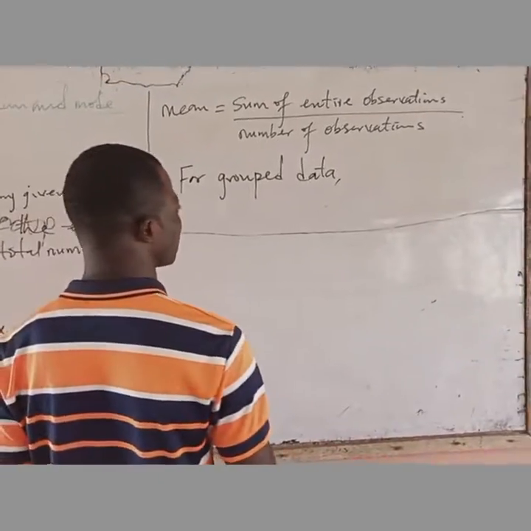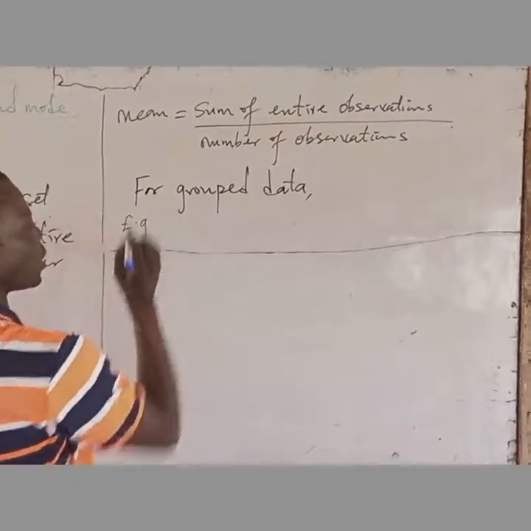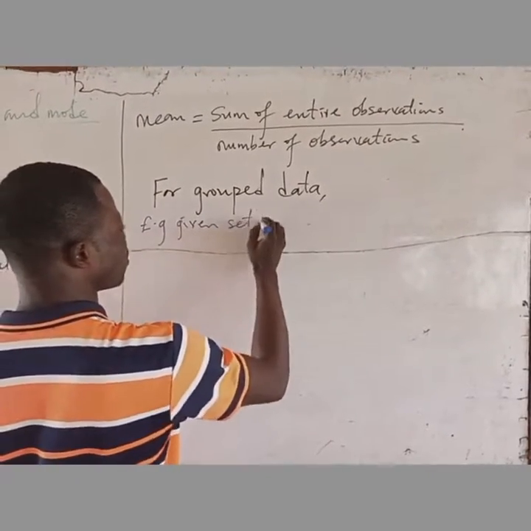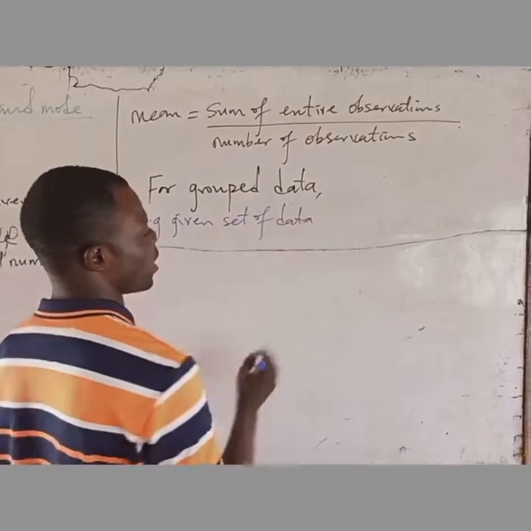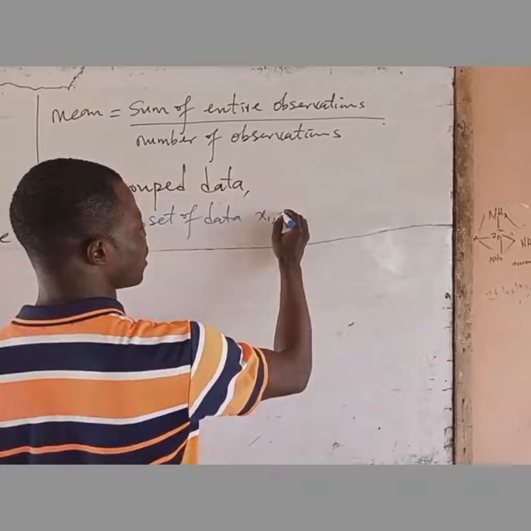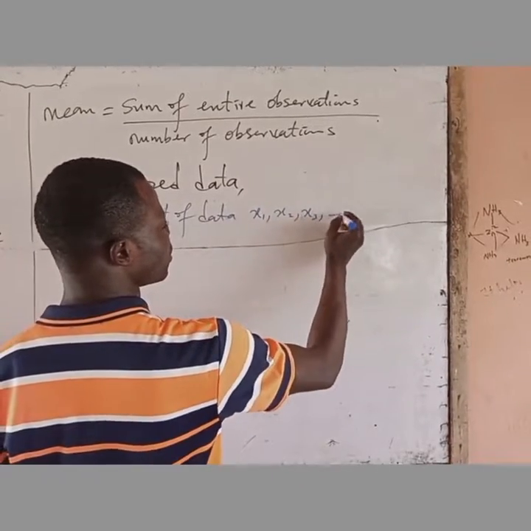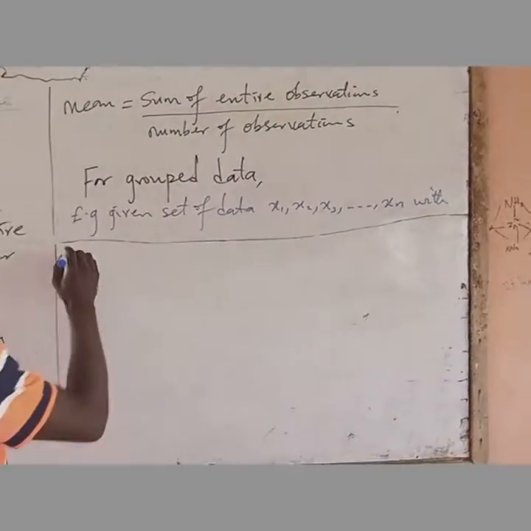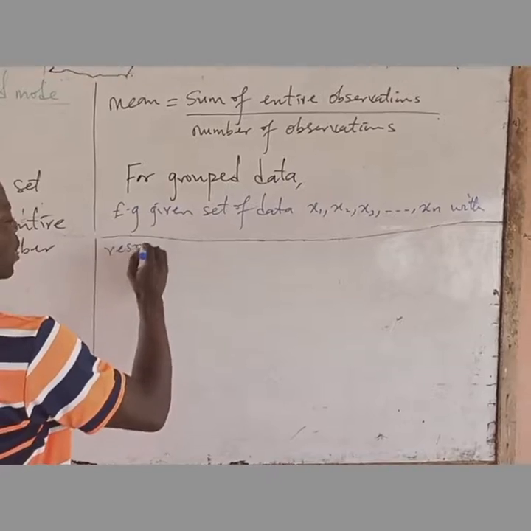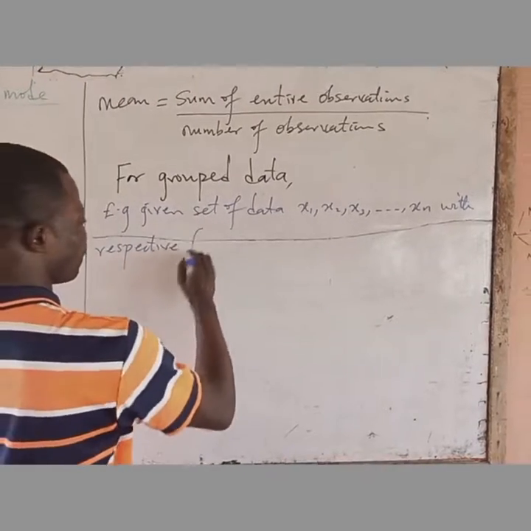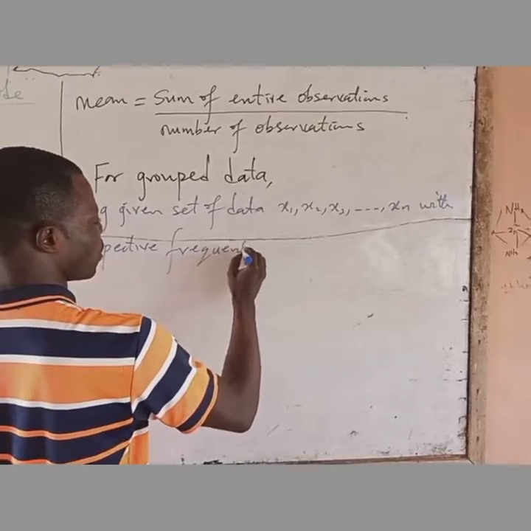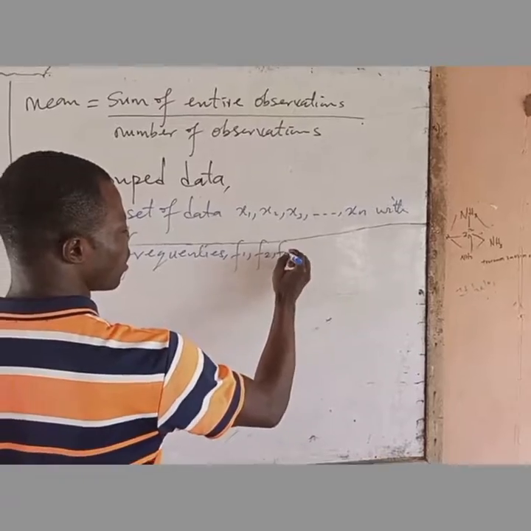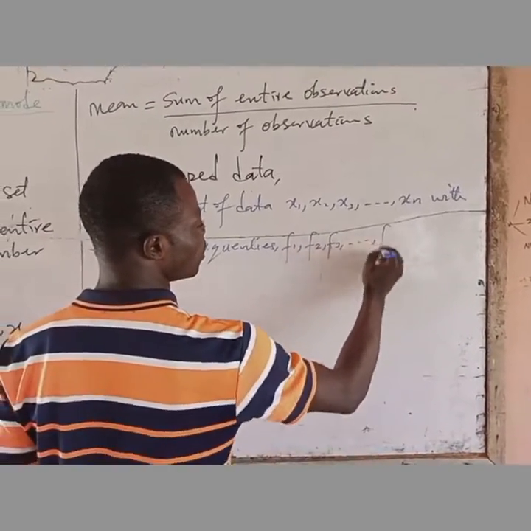As an example, let's say you are given a set of data x1, x2, x3 till xn with respective frequency f1, f2, f3 till fn.